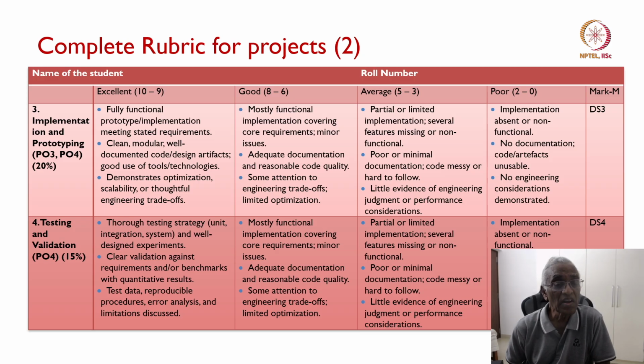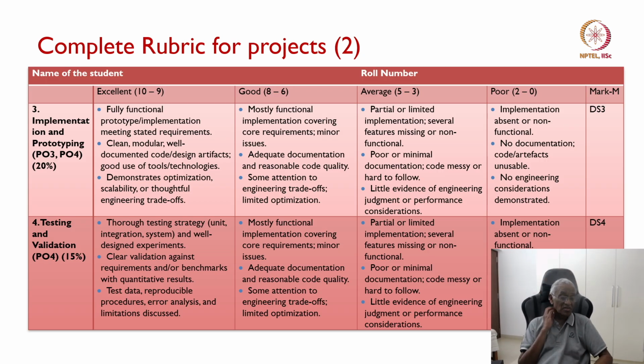Clean, modular, well-documented code, design artifacts, good use of tools and technologies. It also demonstrates optimization, scalability, or thoughtful engineering trade-offs. Because any engineering project will have some trade-offs, whether you are doing the right kind of trade-offs or not. What is it that you are losing and what is it that you are gaining?